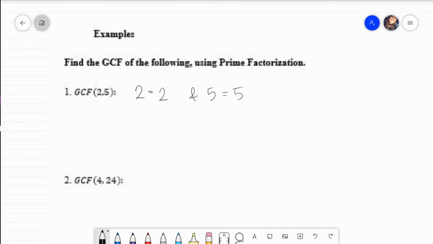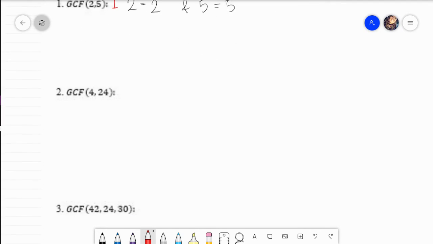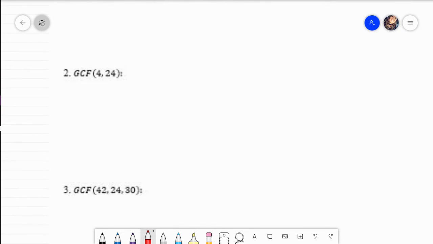So the GCF of 2 and 5 is just 1. 1 is the only number that can divide 2 and 5. Okay, so let's do finding the GCF of 4 and 24 using prime factorization.